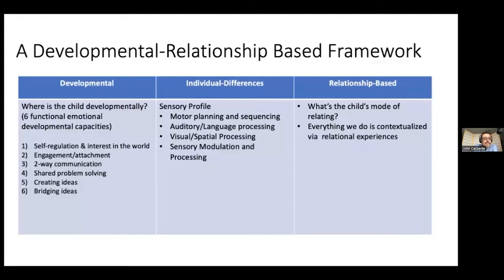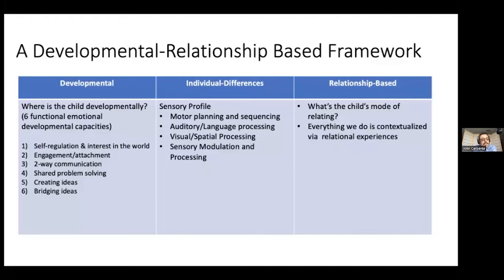From about 2 years, or say 3 years old, they start to develop their ability to engage in shared problem solving. This is where language starts to develop in neurotypical kids. And they're able to sustain multiple circles of communication and problem solve with a caregiver through a range of emotional experiences. This is where symbolism starts to develop within neurotypical kids.